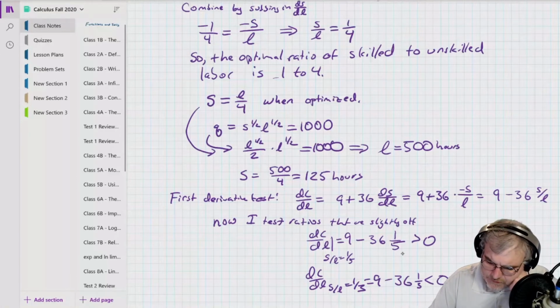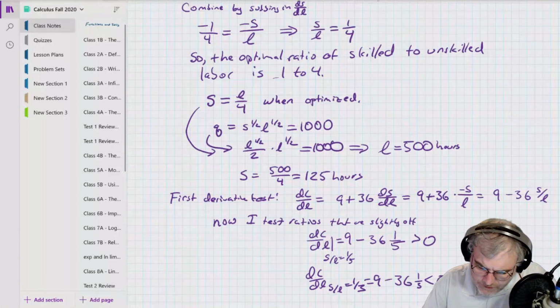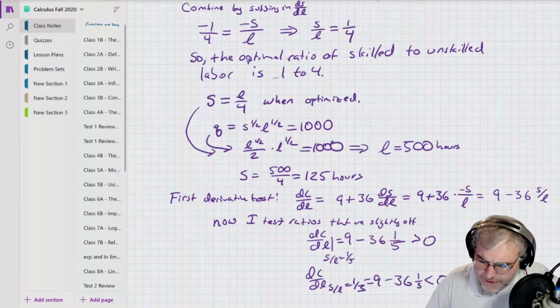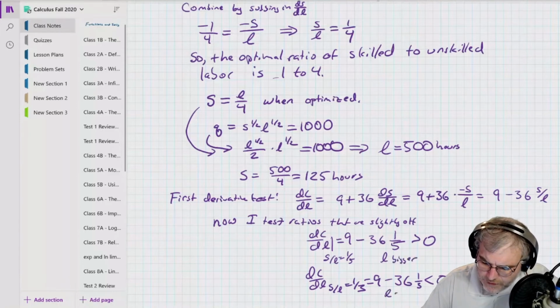Let's see. So this is the cost. And which one's on the bottom? Nope. Here I made L bigger. So here L was bigger. Here L smaller. So this is like that, minus plus. So I have a min.